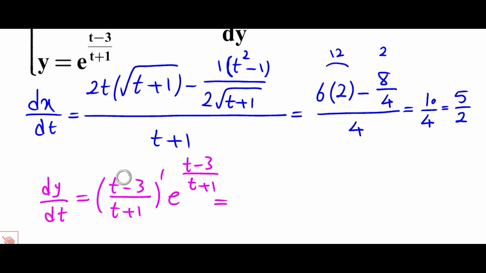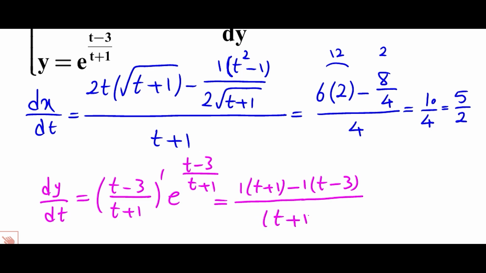So we use the quotient rule. The derivative of t minus 3 is 1 times t plus 1, minus the derivative of t plus 1, which is 1 times t minus 3, over (t plus 1) squared, times e to the (t minus 3) over (t plus 1).